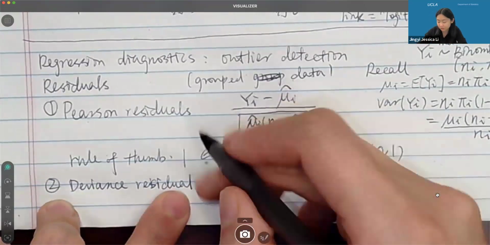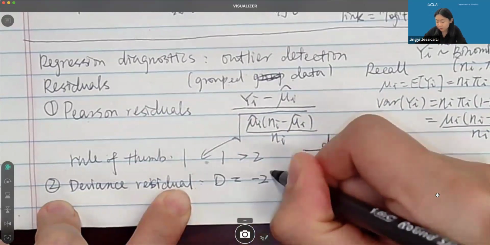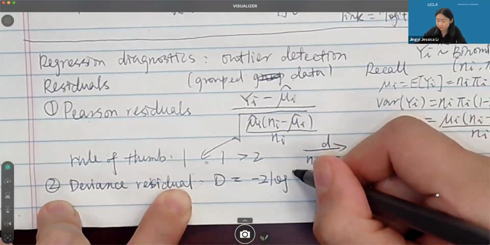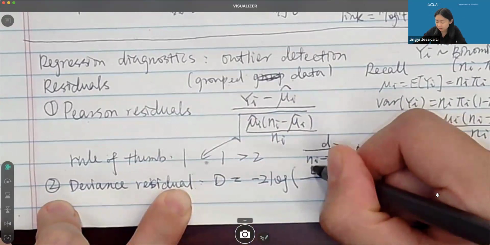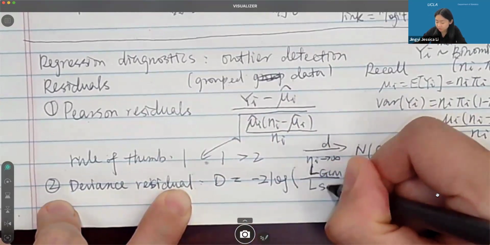So deviance, as a recall, is -2 times the log of the likelihood of the GLM over the likelihood of the saturated model.